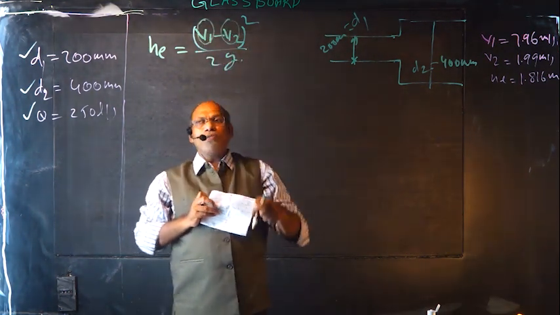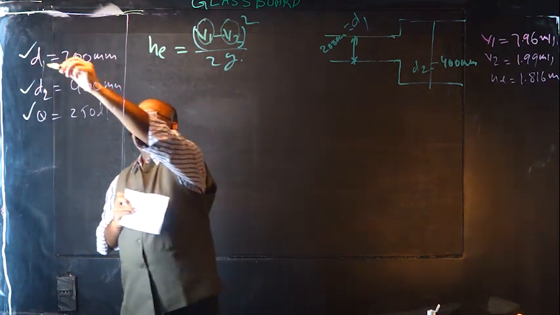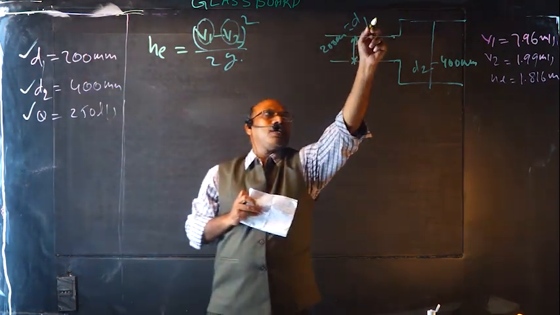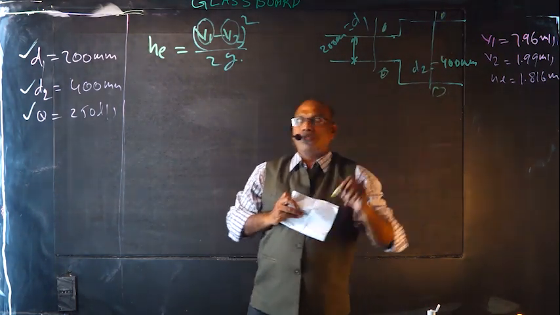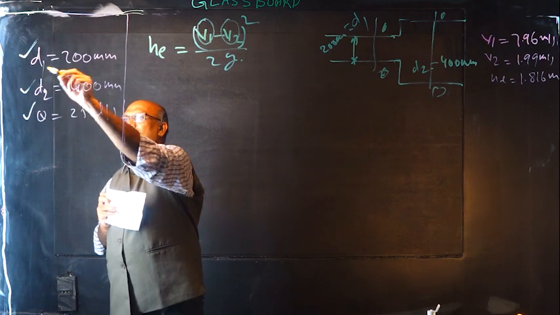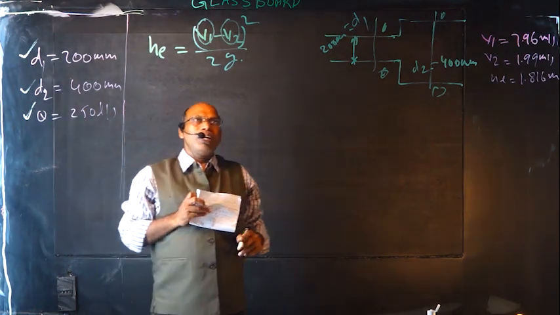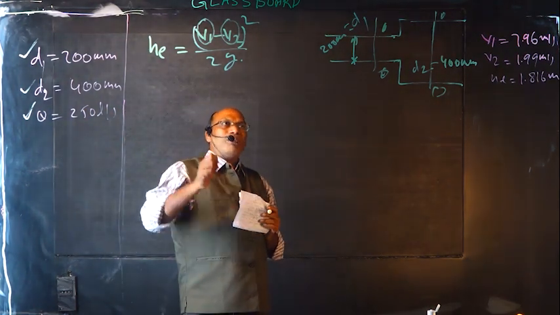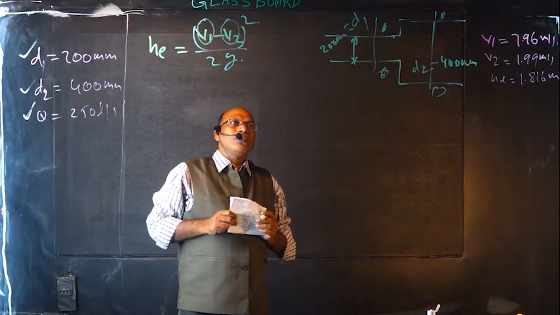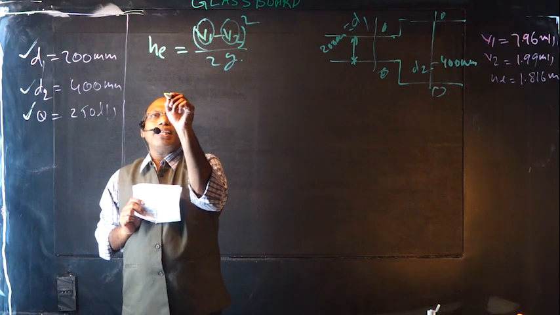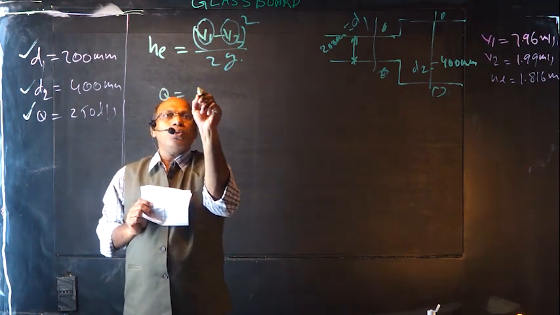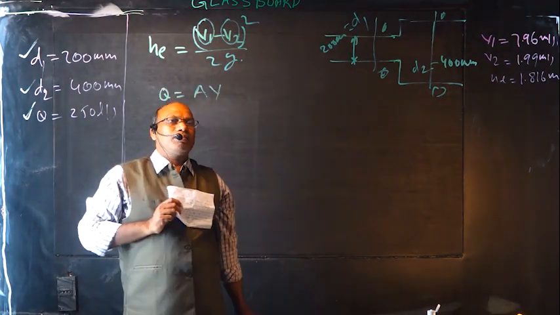For the determination of V1 and V2, they have given the diameter at section 1-1, and the diameter at section 2-2, and the discharge. Now we are going to determine the velocity at section 1-1. For the determination of velocity, we know one standard formula, that is Q equal to AV.